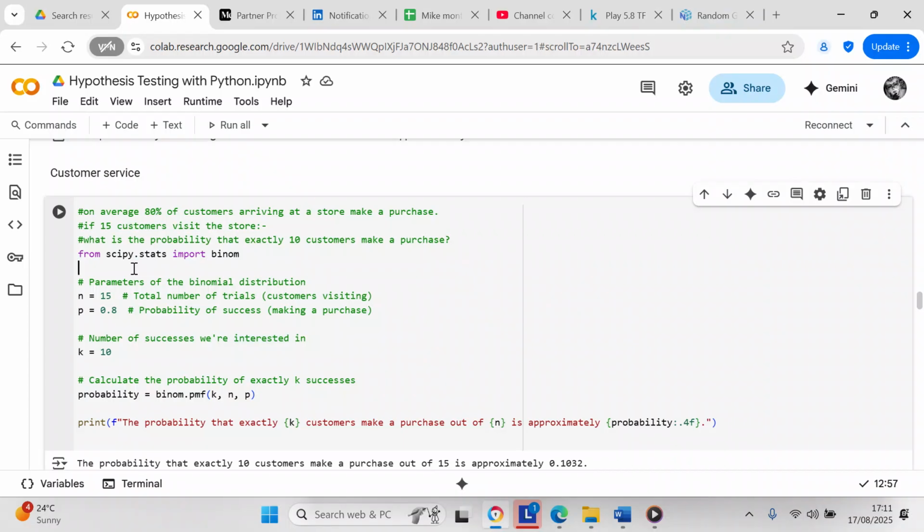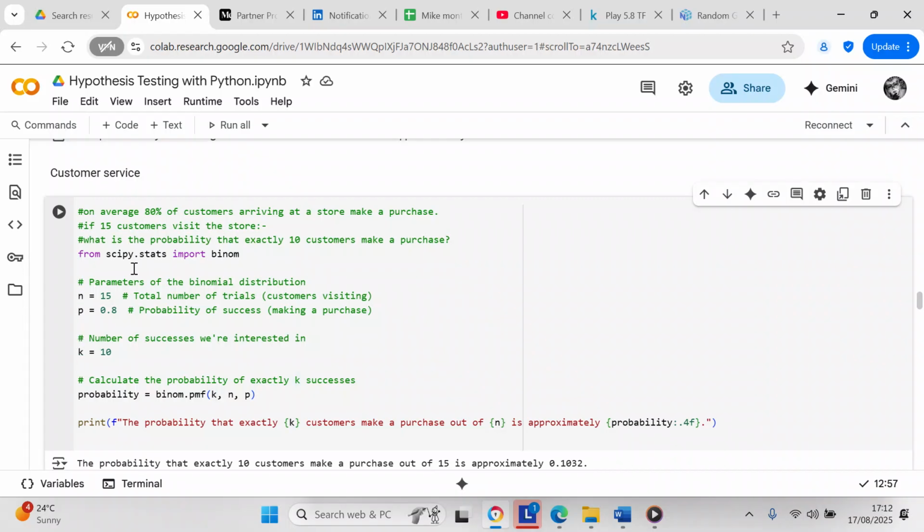So we're going to set up the parameters of the binomial distribution. n equals 15. That's the number of customers visiting. And p is 0.8. That's the probability of success of making a purchase. And k equals 10. That's the number of successes that we want to see.